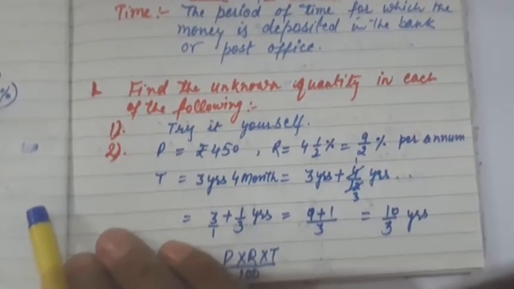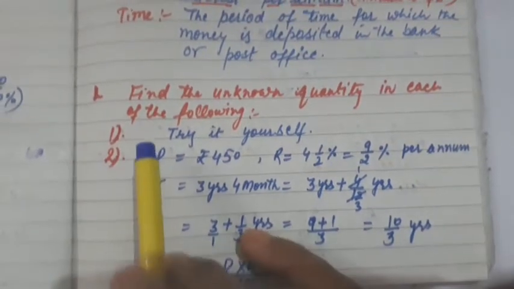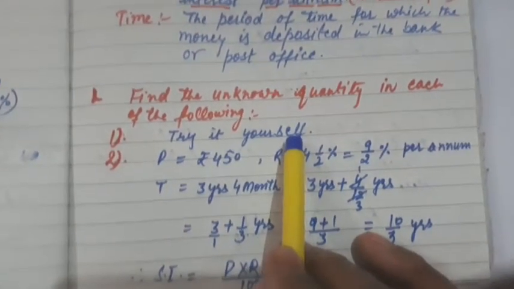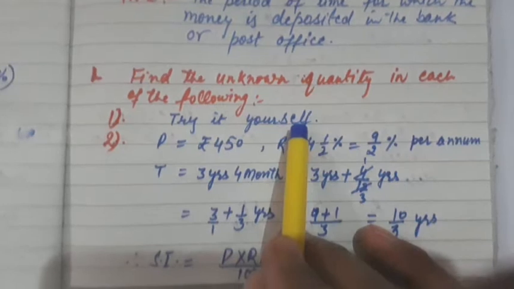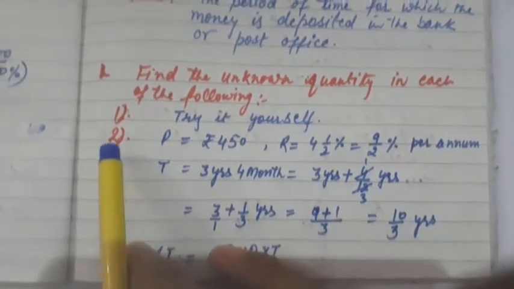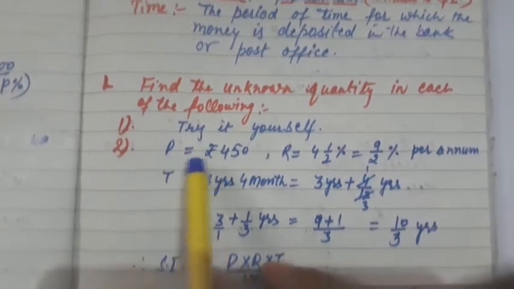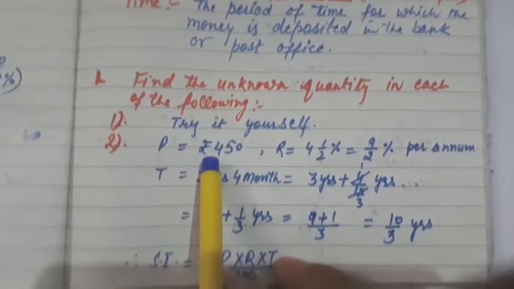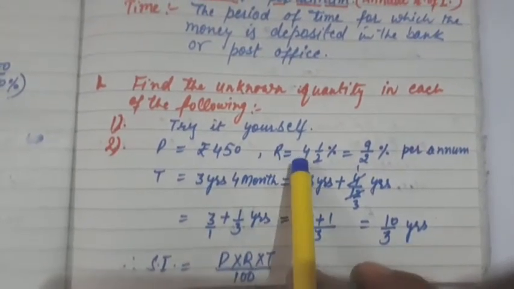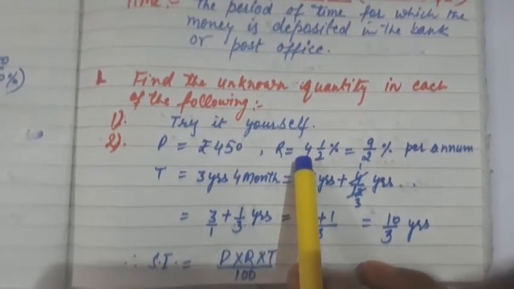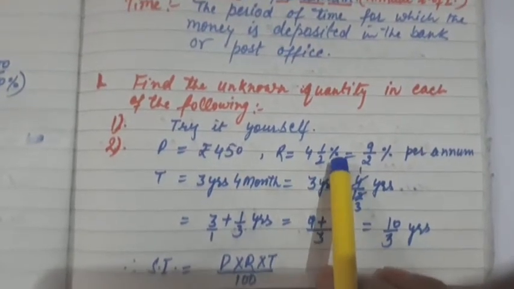It is given in the book, but this first part is very simple. In this we have to find the simple interest and then the amount. In the second part, principal is given, P is equal to rupees 450, and rate of interest is 4 1 upon 2 percent.